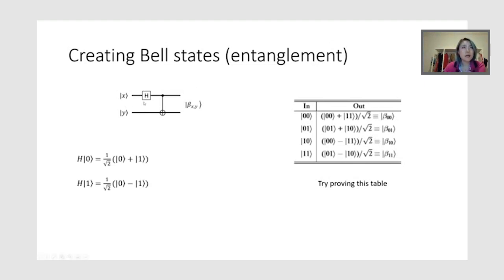What happens if you apply an H-gate to a qubit? So say if you had a 0 in your first qubit, you apply an H-gate, then this is the superposition you will get. It's equally distributed among 0 and 1.